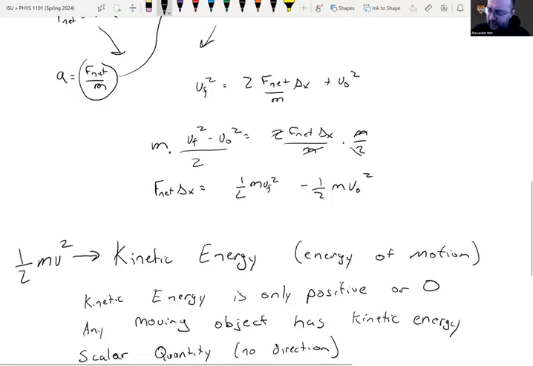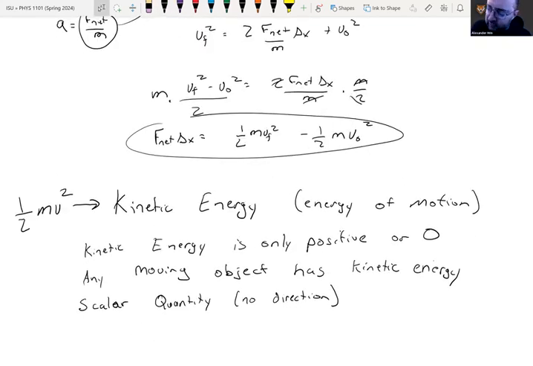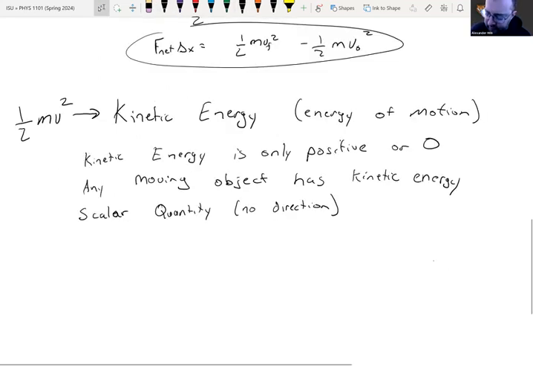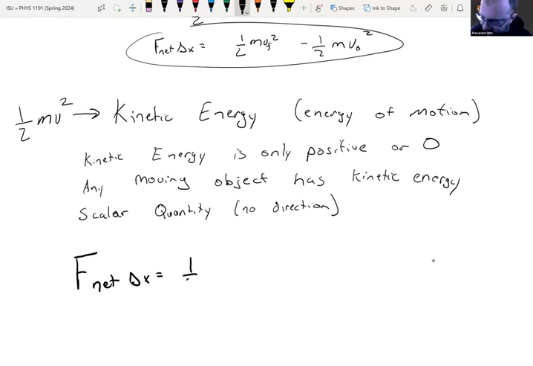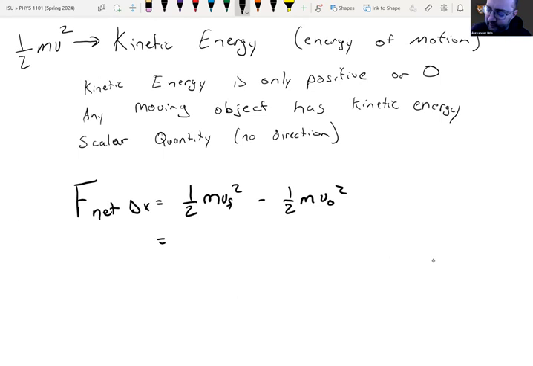Now, if we go back up to that equation we just looked at, I'll rewrite this down below. I'll do it in bold. So we have F net delta x is equal to 1/2 m v final squared minus 1/2 m v initial squared. Basically, this thing is actually the object's final kinetic energy, so we'd say K final.